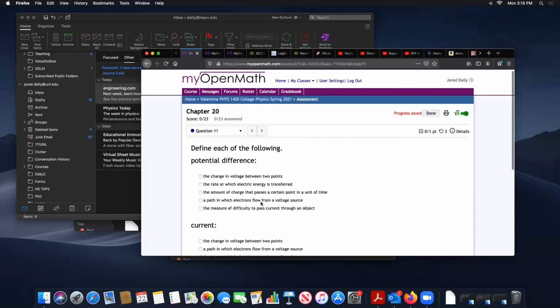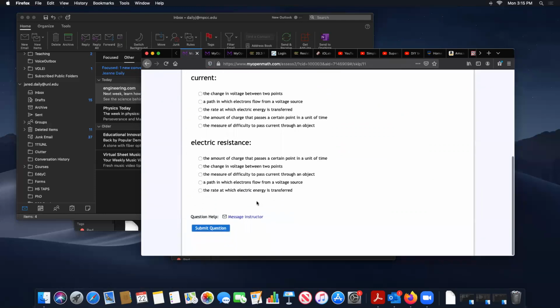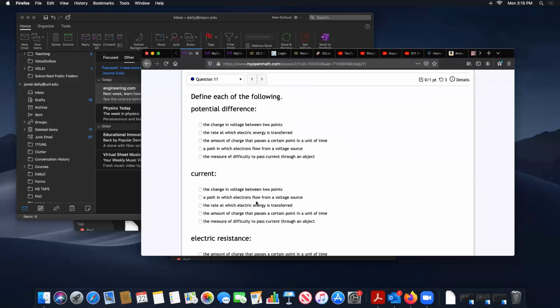So this one is a bunch of multiple choice questions, right? We're defining three things here, and only one of these is correct on each of these. So probably the best way to do it is to go through and determine which ones aren't the correct thing. What do we know about potential difference?